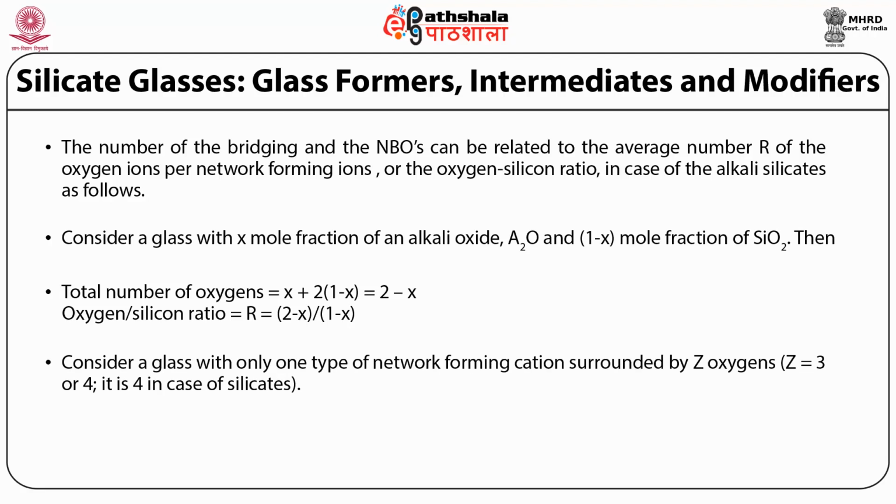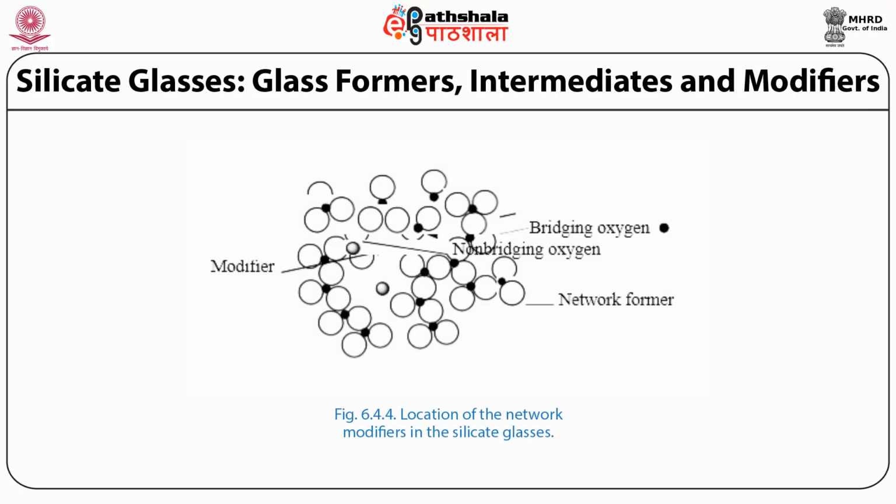Consider a glass with only one type of network forming cation surrounded by Z oxygens. Here Z is equal to 3 or 4, and it is 4 in case of silicates. Let there be X non-bridging oxygens and Y bridging oxygens per silicon.